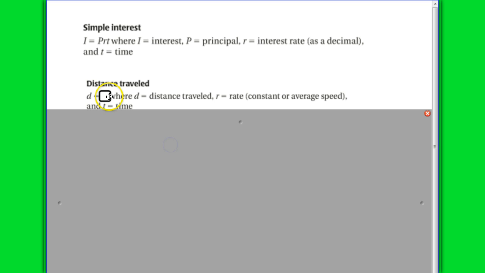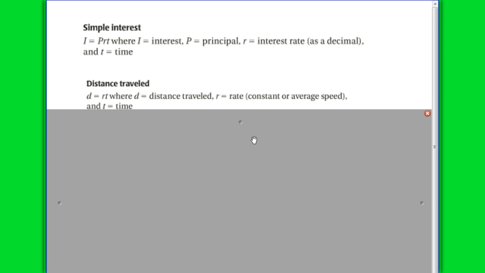D equals RT. So distance equals the rate you're traveling times time. Keep in mind you could also find time or rate if you knew the other 2 unknowns. You can always manipulate a formula to isolate any part of it.